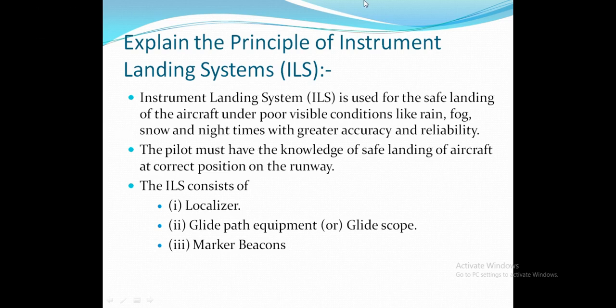The instrument landing system is used for the safe landing of the aircraft under poor visibility conditions like rain, fog, snow, or night times, with greater accuracy and reliability.